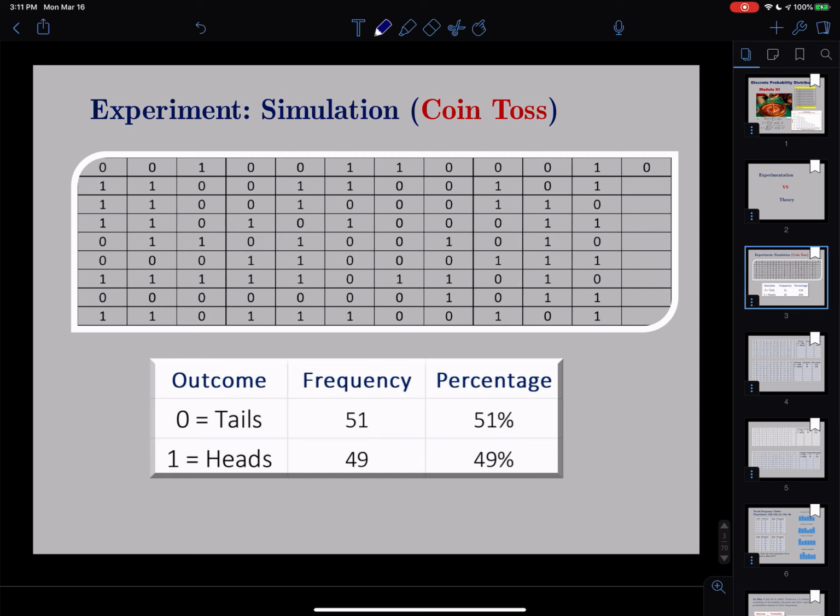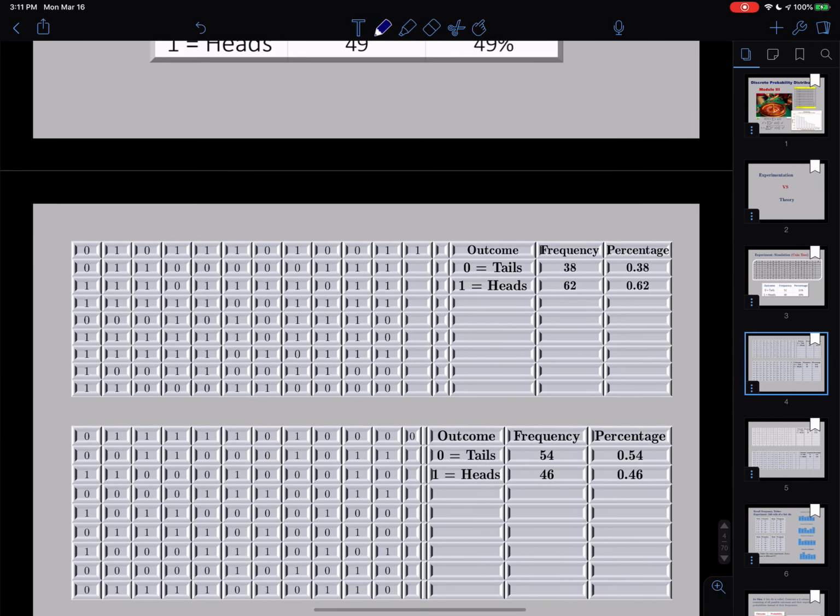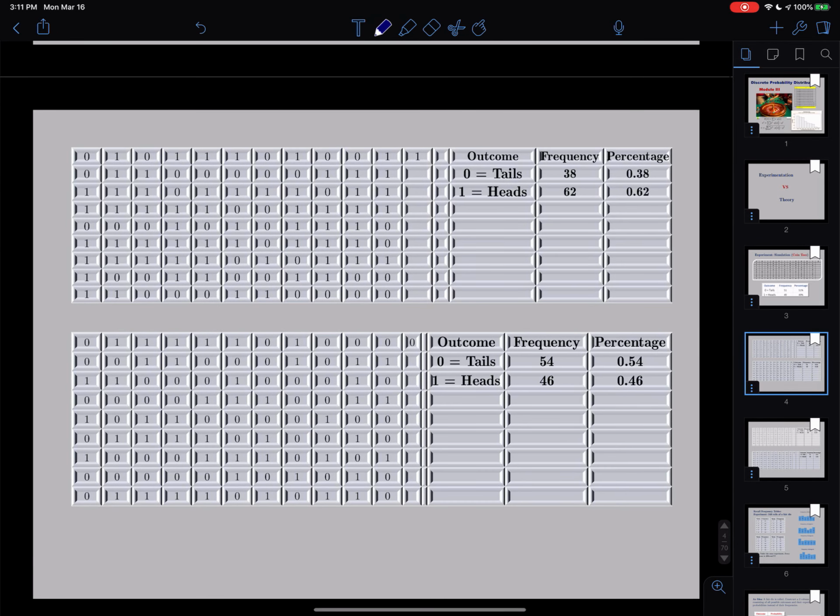Well, that's not that bad, but we were still expecting 50-50 if this is a fair coin. Then I kept repeating the experiment. Here especially, I get 38 tails and 62 heads, and that obviously goes against our expectation because we were expecting 50-50 because it's a fair coin.